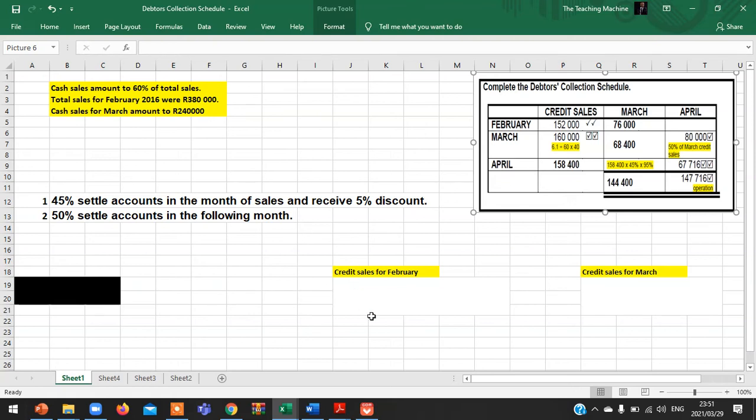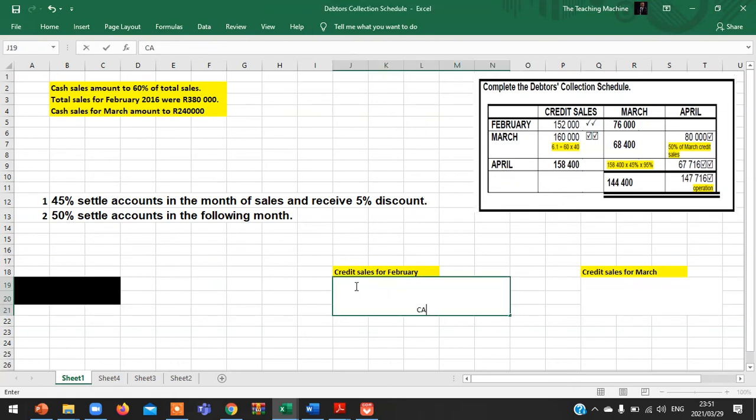Okay, so the information says the total sales are 380. Cash sales plus credit sales is equal to total sales.